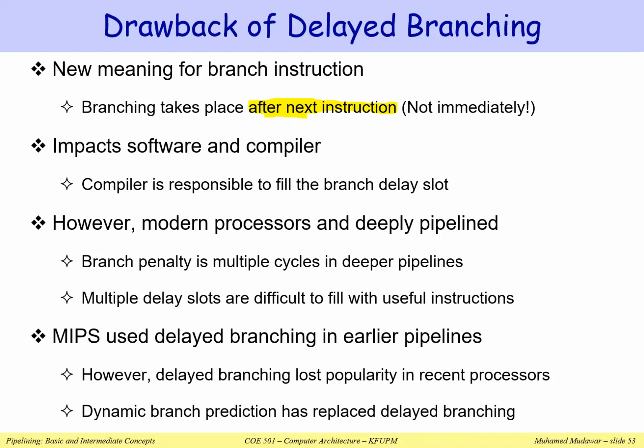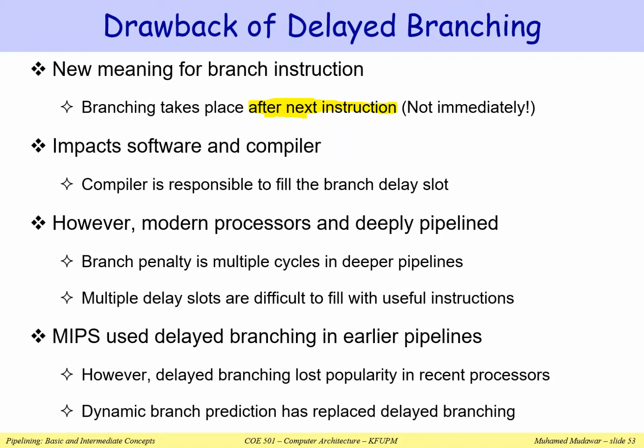Another major drawback, okay, of delayed branching is that modern CPUs are deeply pipelined. So in this presentation, I talked about a 5-stage pipeline, but in reality, the pipeline is deep, and therefore it might be 10 or more stages in the pipeline, and in this case it is going to increase the branch delay.